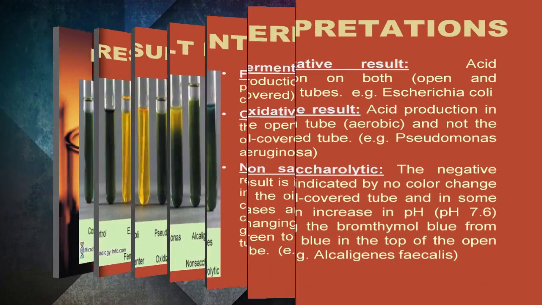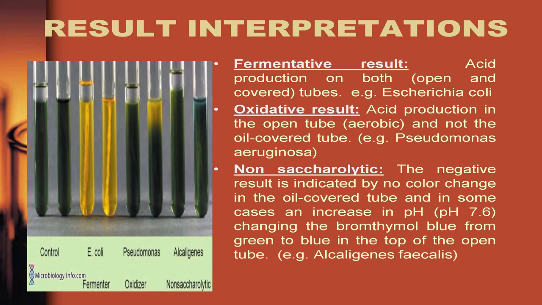Result interpretation. A fermentative result will be indicated when there is acid production in both open and closed tubes. The acid produced changes the pH indicator, bromothymol blue, from green to yellow. Example, Escherichia coli.